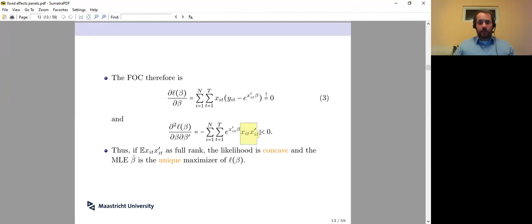This is also positive definite if this thing has full rank. So the minus here in front makes everything negative, which implies that the Poisson likelihood is actually nicely concave, and thus the MLE is the unique maximizer of the likelihood.